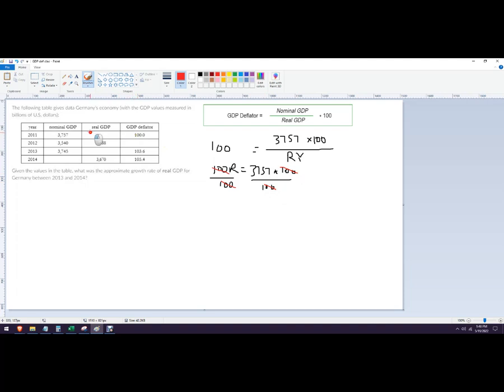So that's always true. And that's because real GDP is present period quantities times some prior period price, and so that prior period is 2011. So this would be 3.757 trillion.